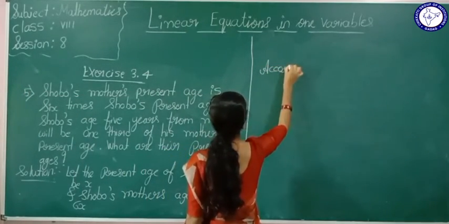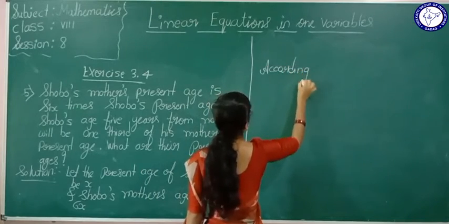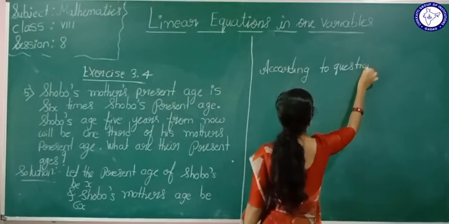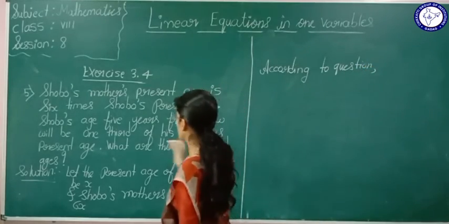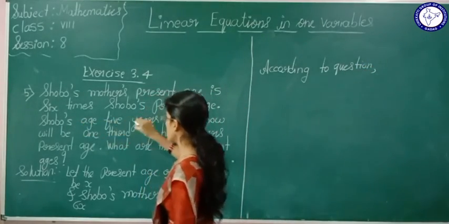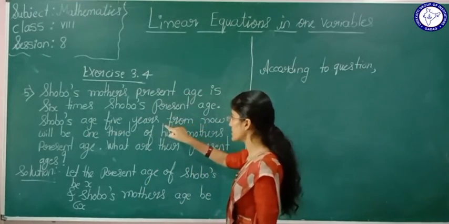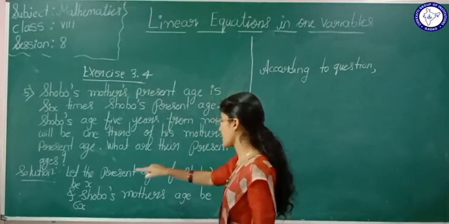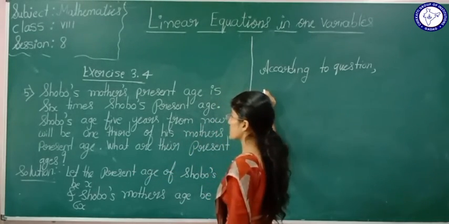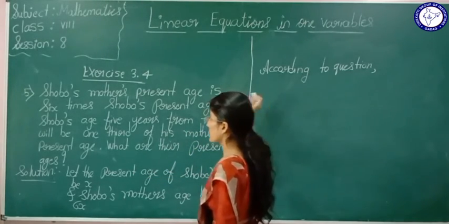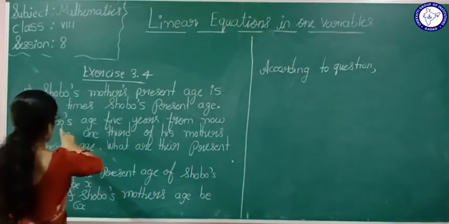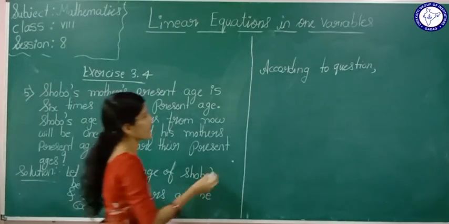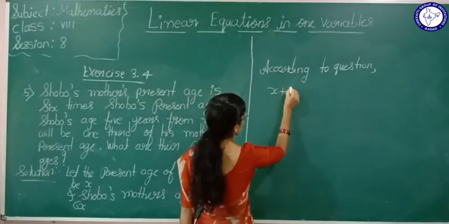According to the question, Shubho's age 5 years from now, since we took Shubho's present age as x, is x plus 5.